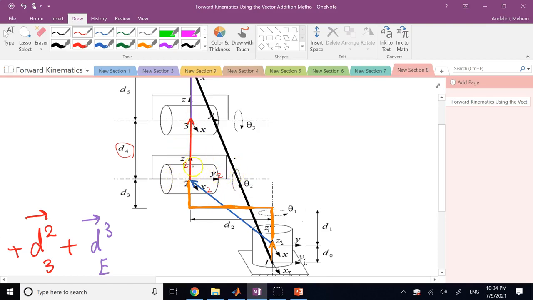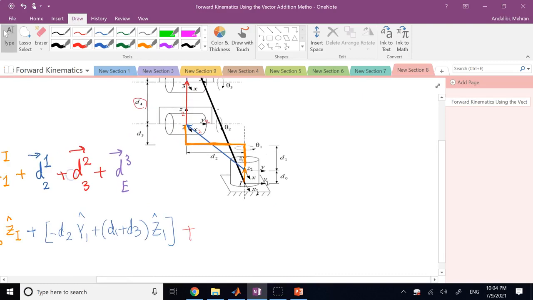But z2 and this distance d4 are always going to determine how I go from origin of 2 to origin of 3. So for that red vector, I can write it as d4 times z of 2.